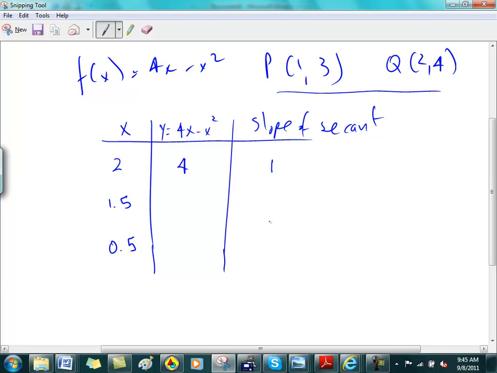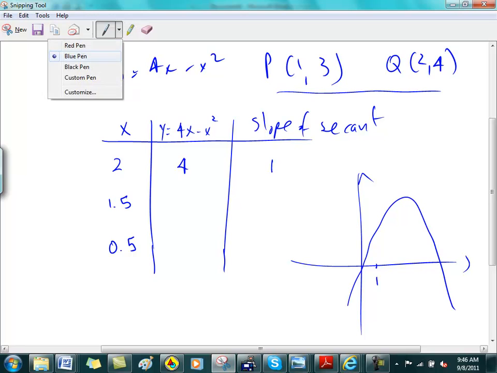And then I want you to repeat and fill this table in. So really what's happening graphically is, if you want to graph this function, the function looks something like this. What you're trying to do is estimate the slope of the tangent line at this point here.